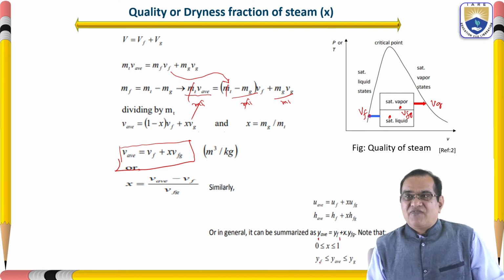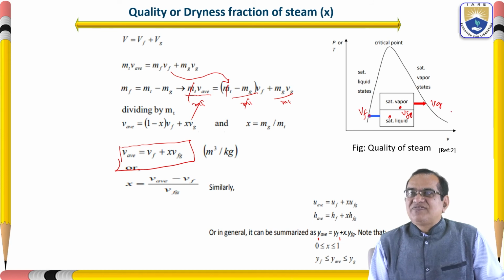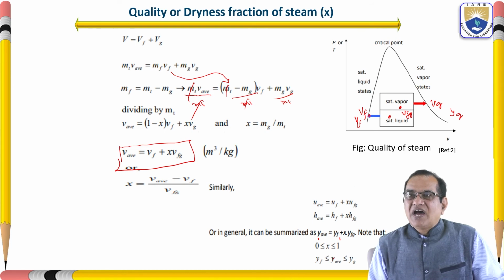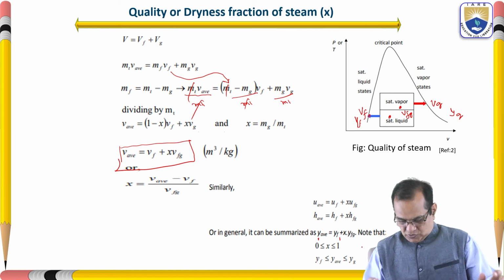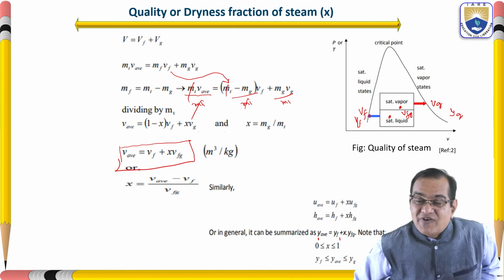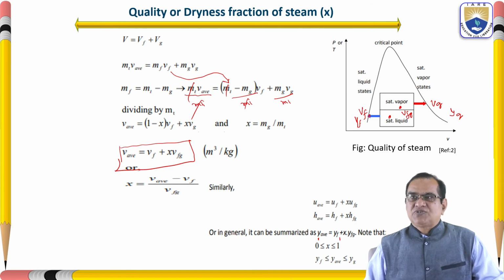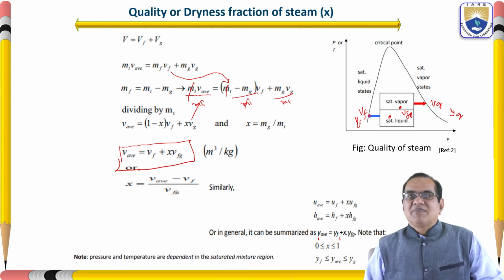So Yf will be less than or equal to Y average, and this will be less than or equal to Yg. So this Y average will be in between Yf and Yg, the real average point will be between this and this. So this we have to understand, and we have to verify during our solution that these things are working properly.